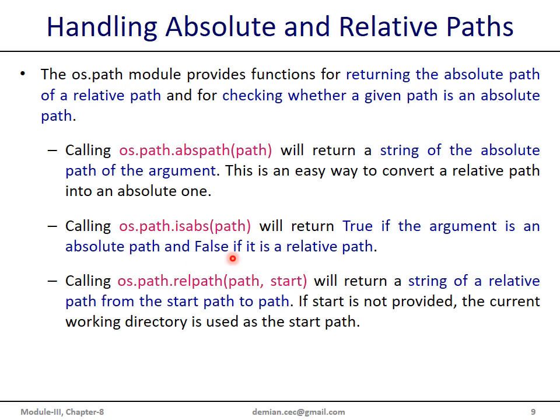The third function is relpath, the relative path, with two arguments: the first argument is a path, the second is a start. This will return a string of the relative path from the start path, that is the second argument, to the path, which is the first argument.